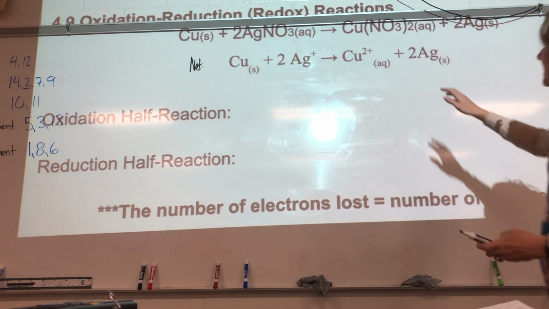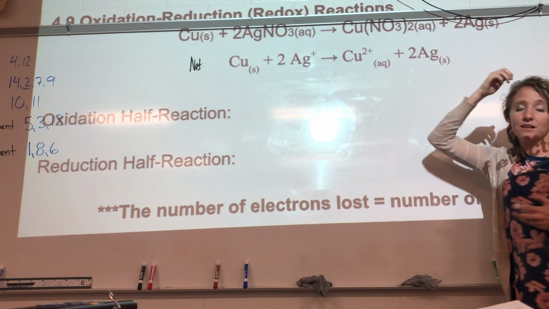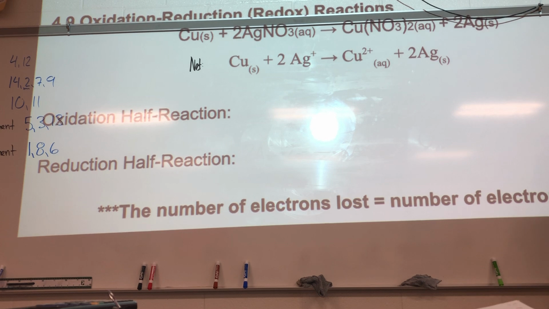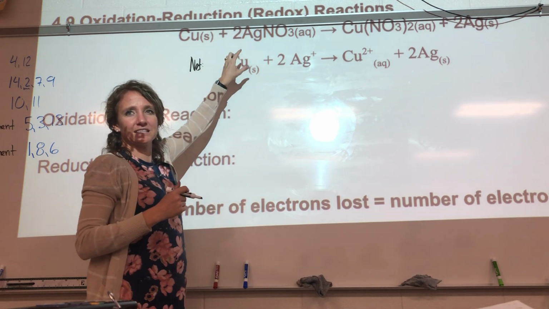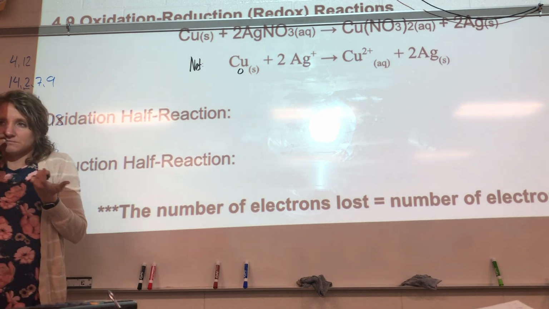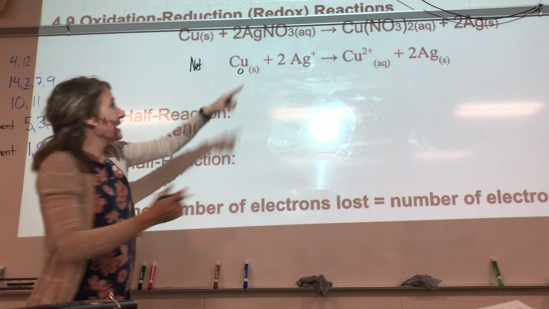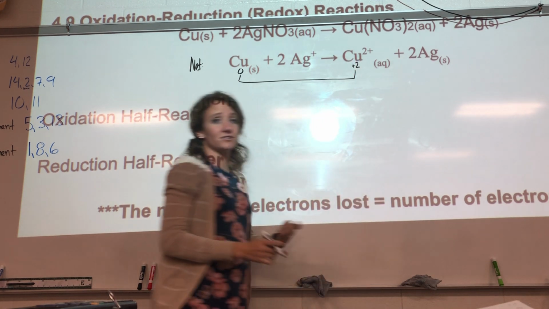Okay, now this right here, in a net reaction, or even not in a net, we can track the movement of the electrons to identify what's being oxidized and what's being reduced. So I see here that solid copper, when something is all by itself, it doesn't have a charge. It's just an element. It's changing to an ion with a +2 charge.